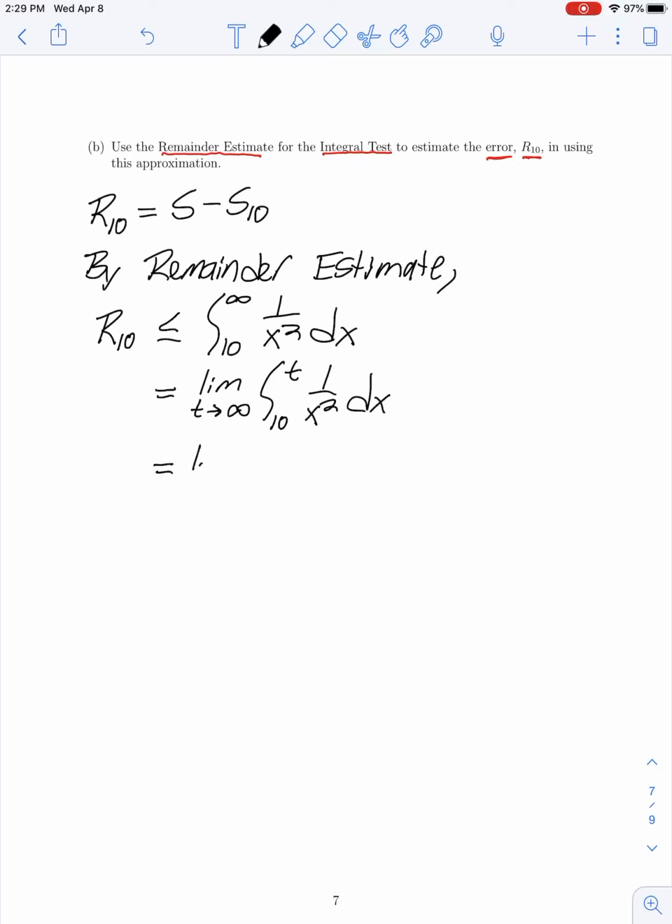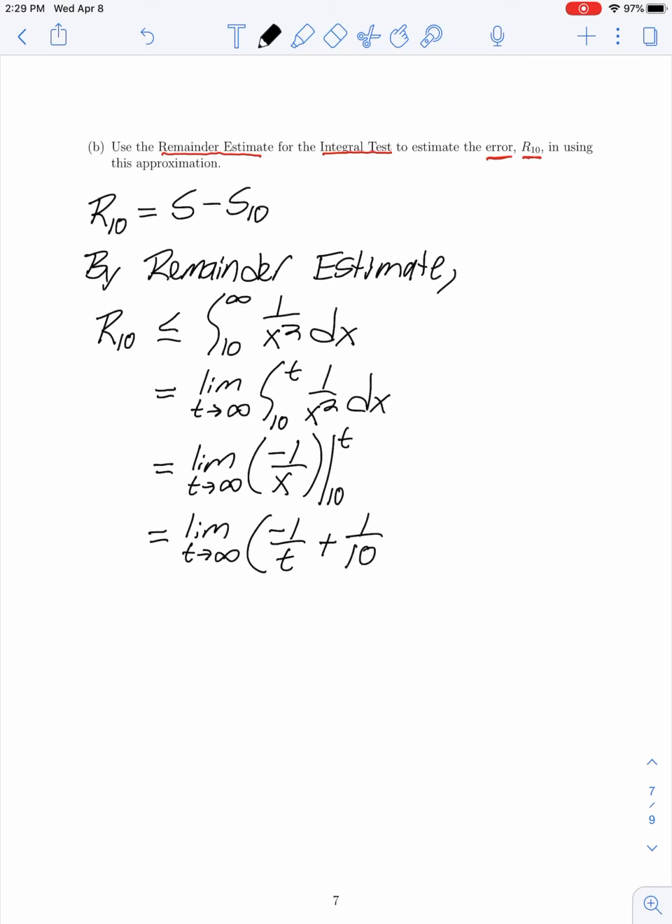And our antiderivative of 1 over x squared is negative 1 over x to the first power, where we're evaluating from 10 to t. So we have the limit as t approaches infinity of negative 1 over t minus a negative, so plus 1 over 10.